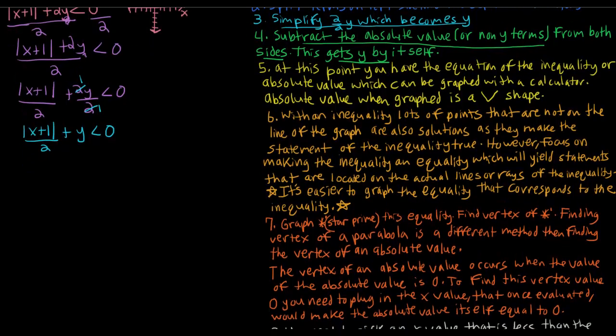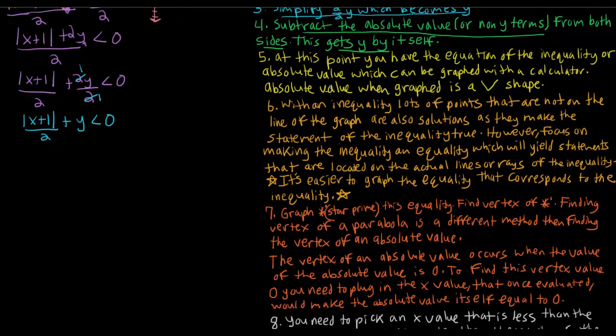So we subtract this term, the absolute value of x plus 1 over 2, from both sides.